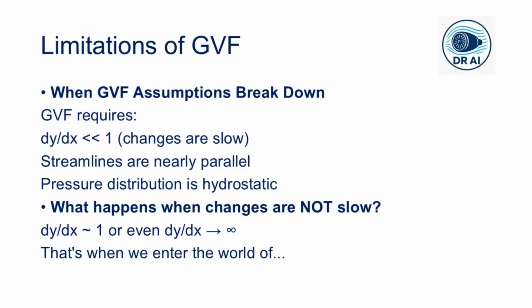Think back to our specific energy diagram and the ramp example that we covered in the previous section of this topic. What if we had made the bump so high that the flow had to go through critical depth and become supercritical? That transition at the crest of the bump is a rapid change.